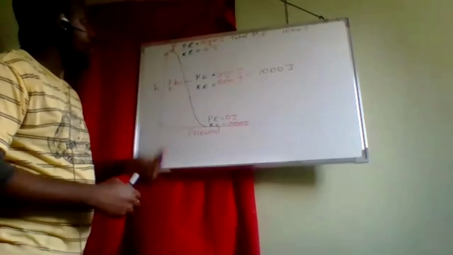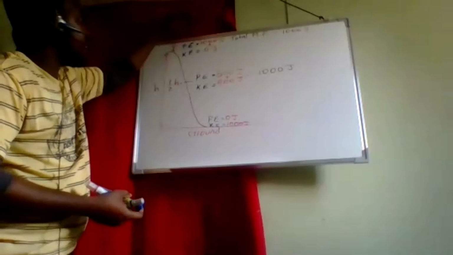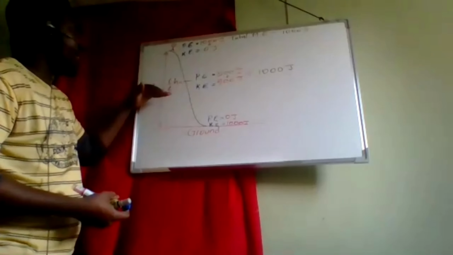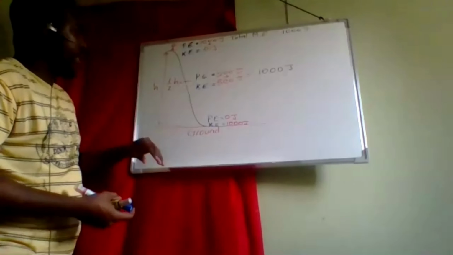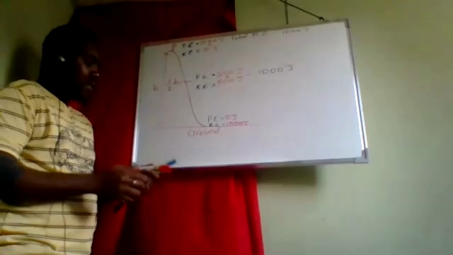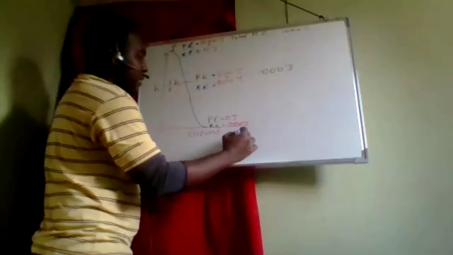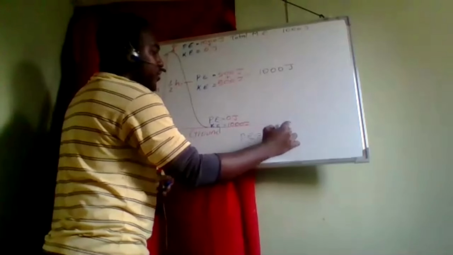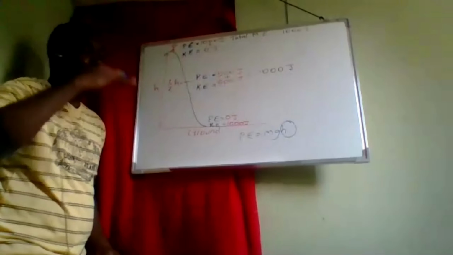And then at the bottom now, remember our potential energy is decreasing because the height is decreasing each time we're going down. So at the ground, the object has reached the ground, so that means potential energy, which is mgh, has no h here because now it's on the ground.